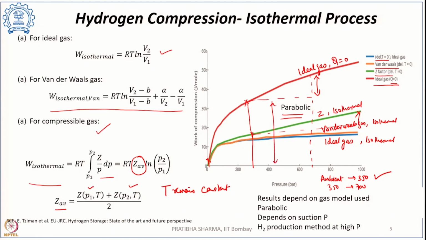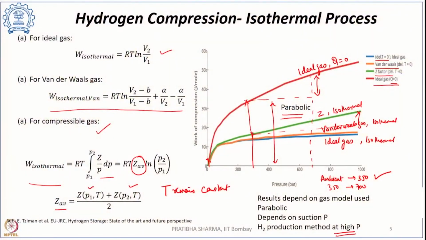And thus this makes it very important that the method of hydrogen production which is used, whether it is reformer based hydrogen production or hydrogen produced from an electrolyzer, whatever production route is giving hydrogen at a higher pressure, we can save in terms of the work of compression, or the process can get more and more energy efficient if the suction pressure for the compressor is available at a higher pressure, and that is the importance when the delivery from the production plant is at a higher pressure.